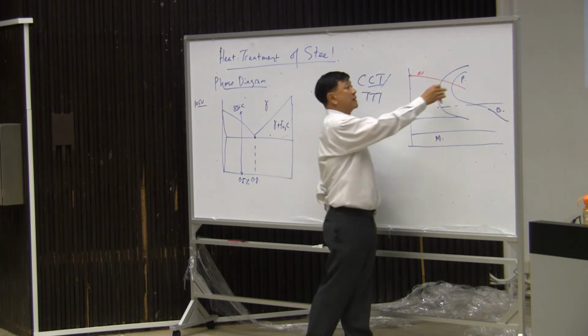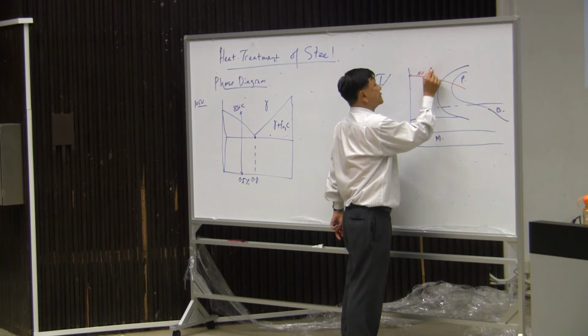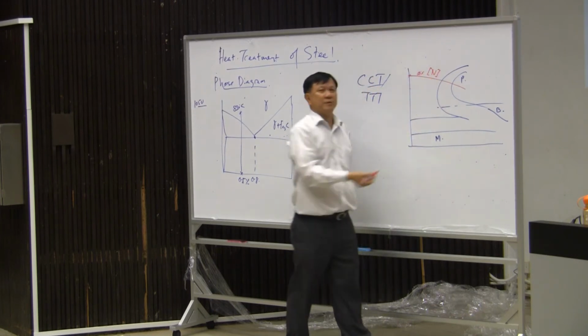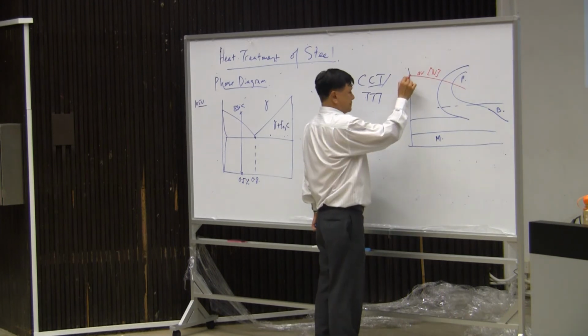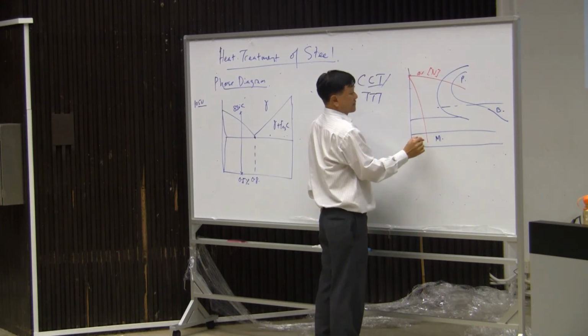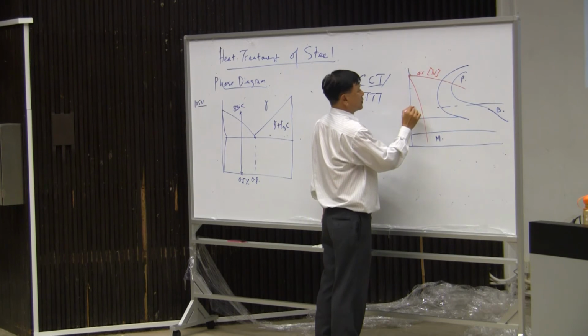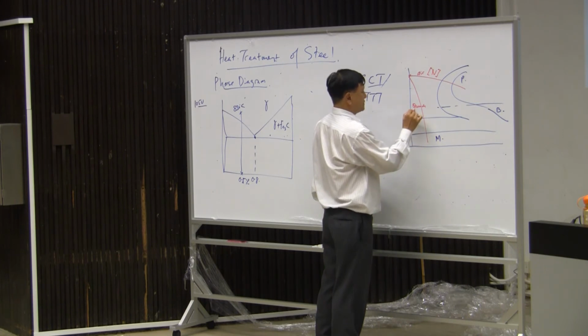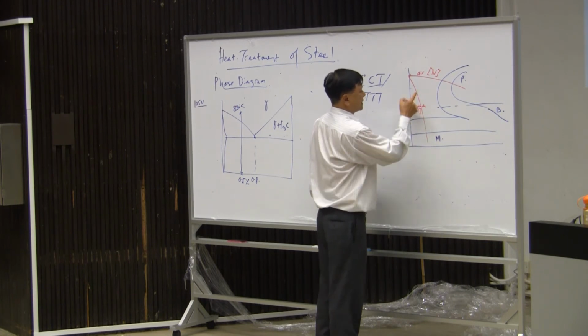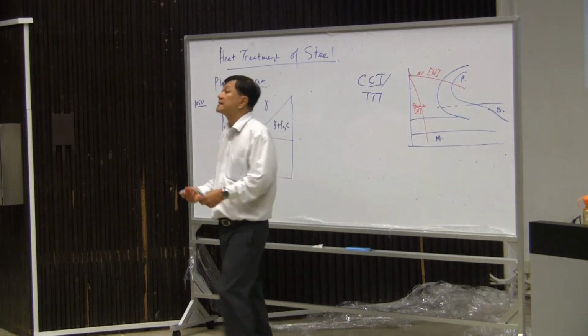Alright? I get what? Pearlite. So this one here is what? This one here is quench. It will be what? Hardening. I end up getting what? Hardened.